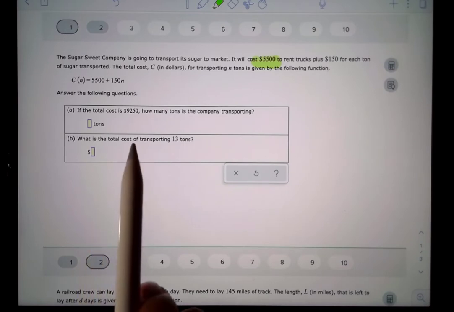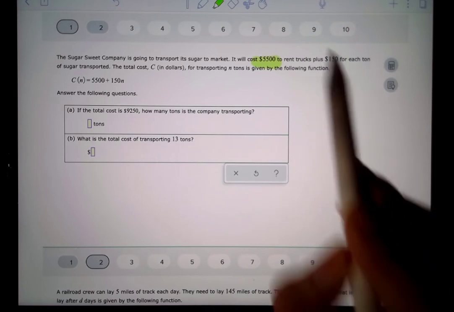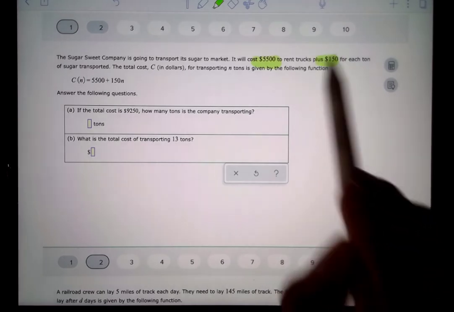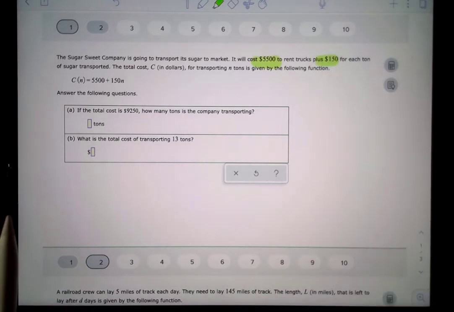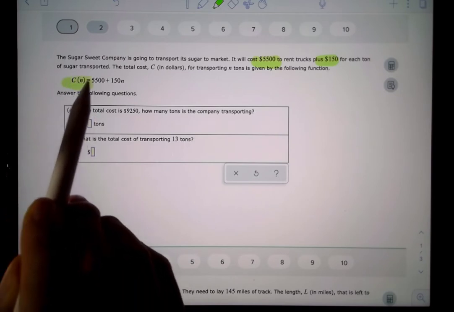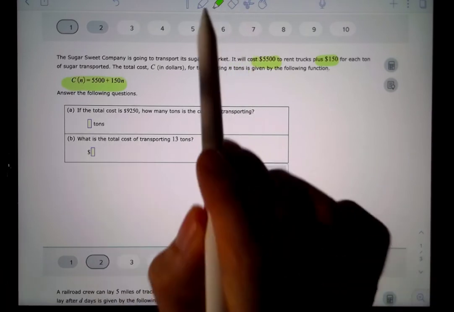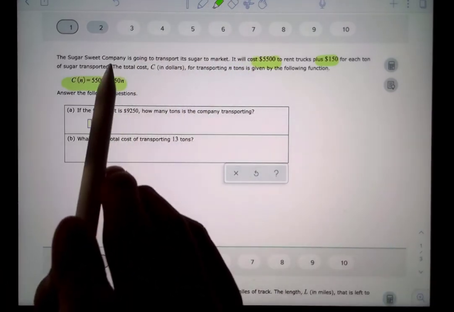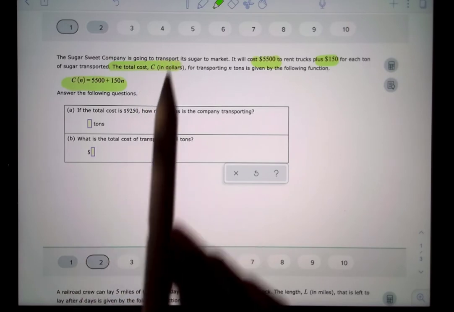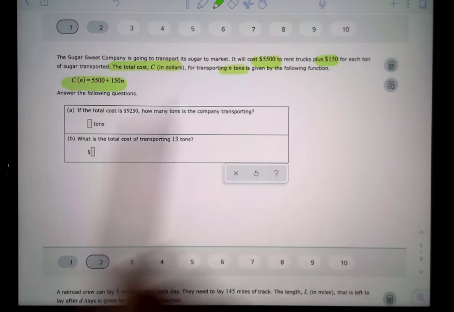That money you need to pay, plus $150 for each ton of sugar transported. So you got this function. They already gave it to you. Total cost C and N tons of sugar.